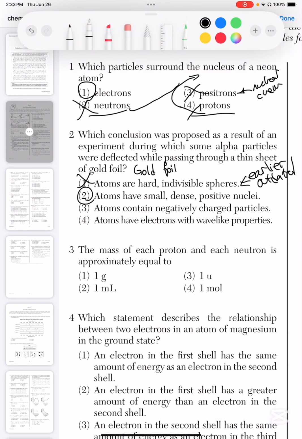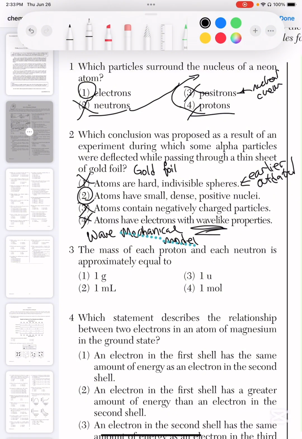That wasn't discovered through this experiment necessarily, so this doesn't make sense. And this is the newest, wave-like properties. But that wasn't the result of the gold foil experiment.